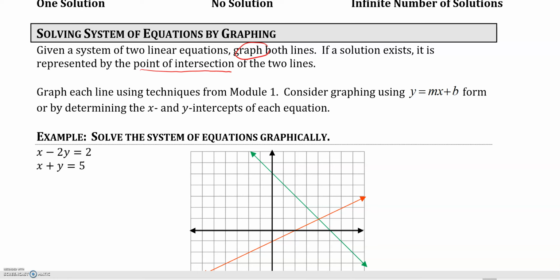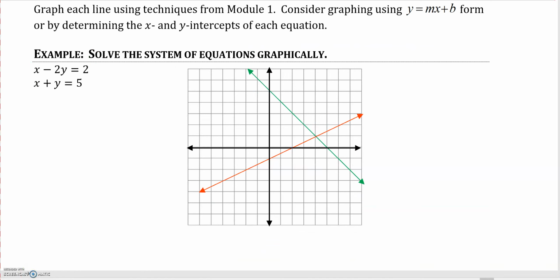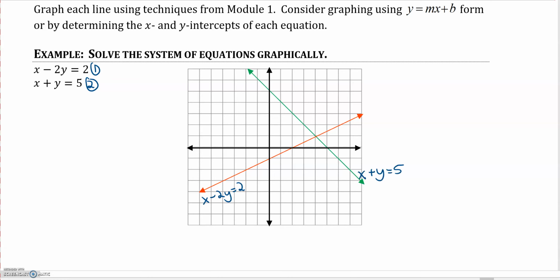We can consider graphing using the slope y-intercept form, y equals mx plus b, or by determining the x and y-intercepts for each equation. To solve the following system of equations graphically, we can graph each of the equations separately. We end up getting equation 1, x minus 2y is equal to 2, and equation 2, x plus y is equal to 5.